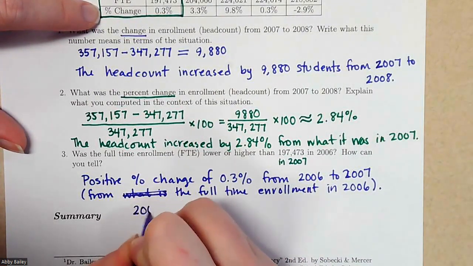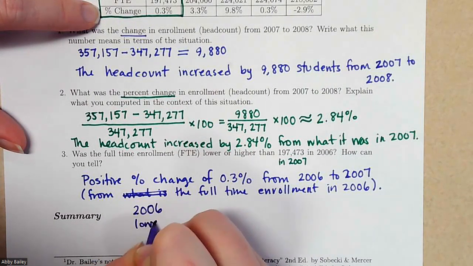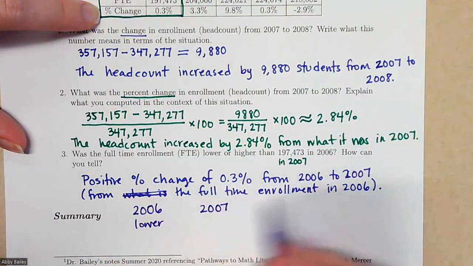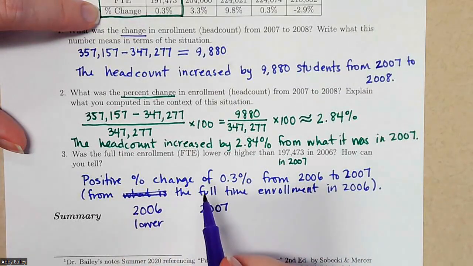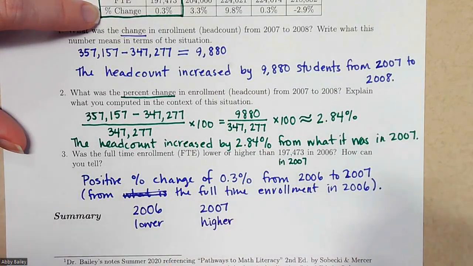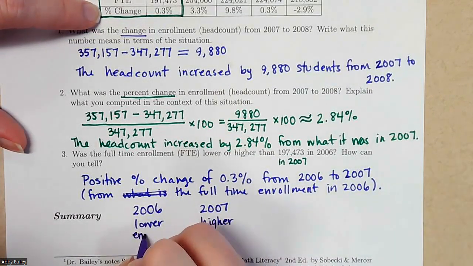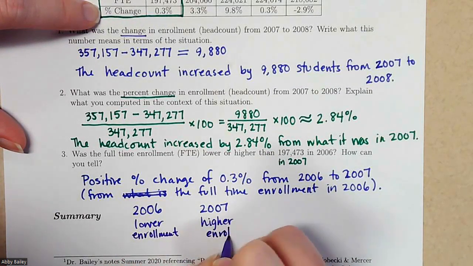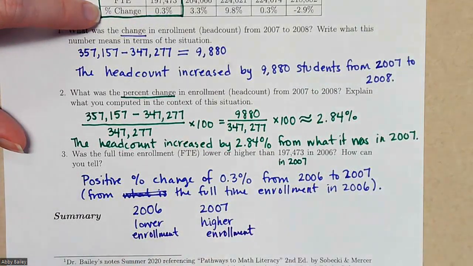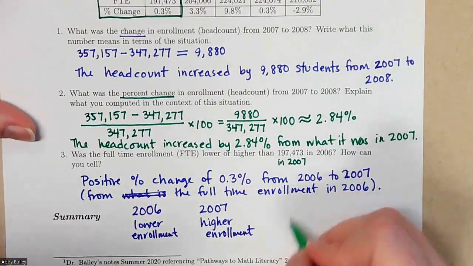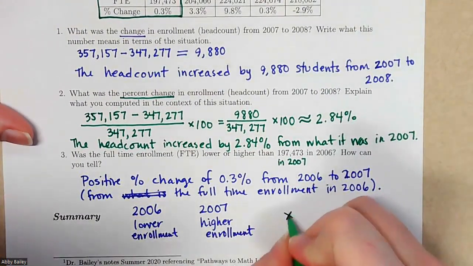Was the full-time enrollment lower or higher in 2006? So 2006 lower, 2007 it had a positive percent increase or a growth. So that means this is higher enrollment. Okay, and that gives us our answer. So just to make sure we're crystal clear here, right?